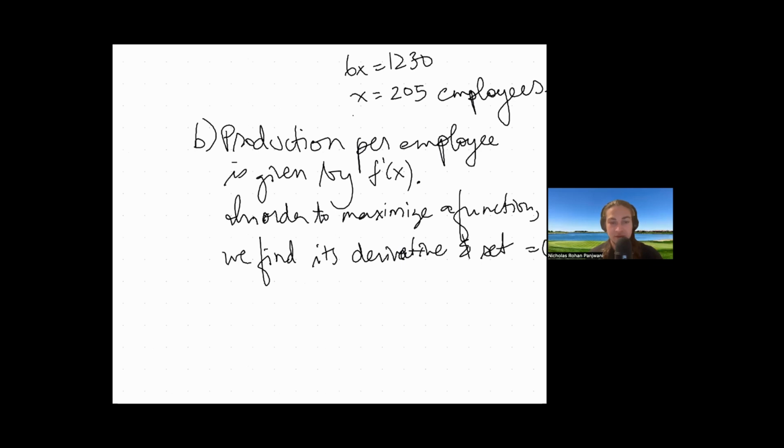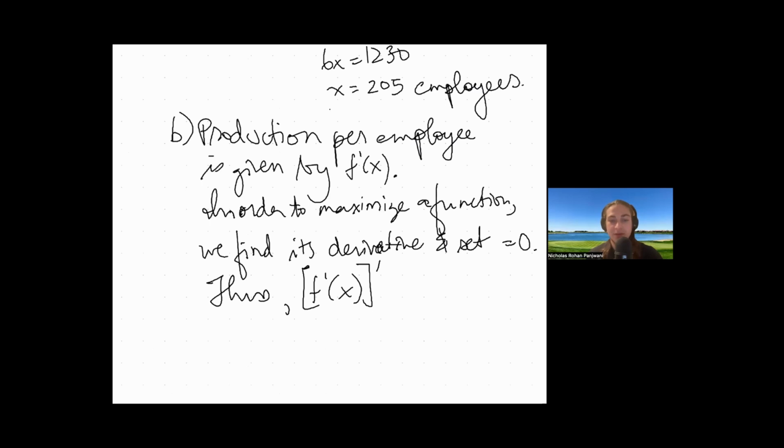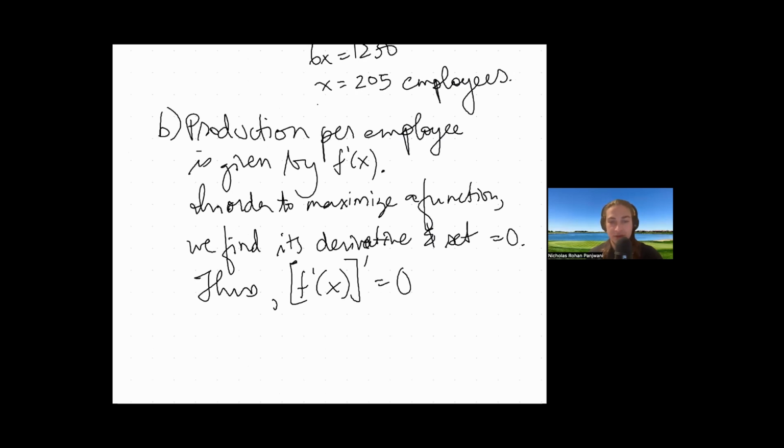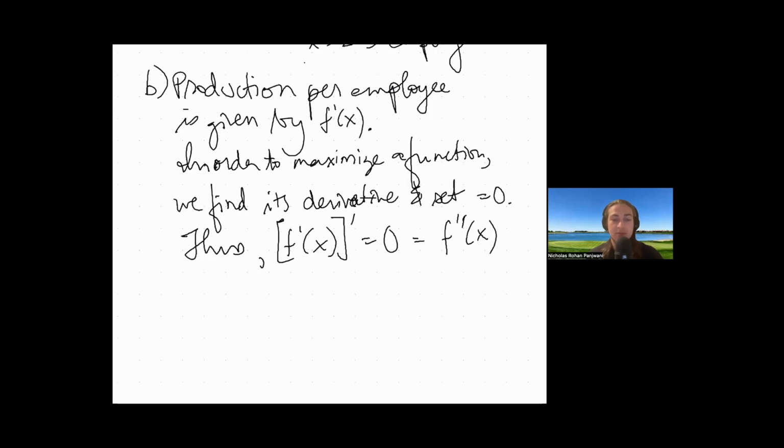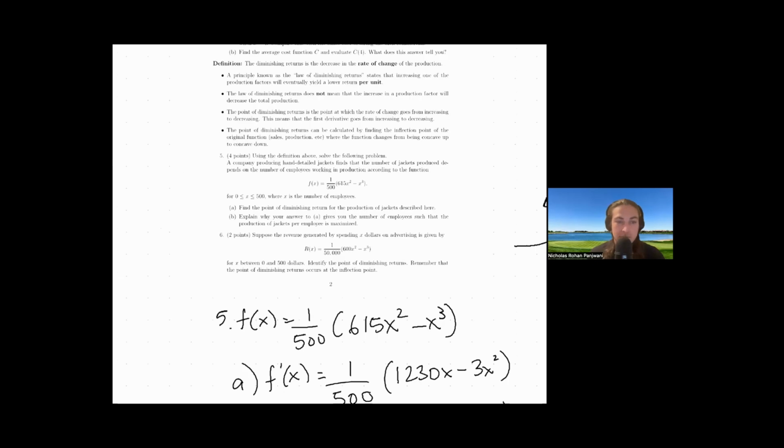Thus, the derivative of the first derivative equal to 0 is the second derivative equal to 0. Boom. That's what I would say. Okay.